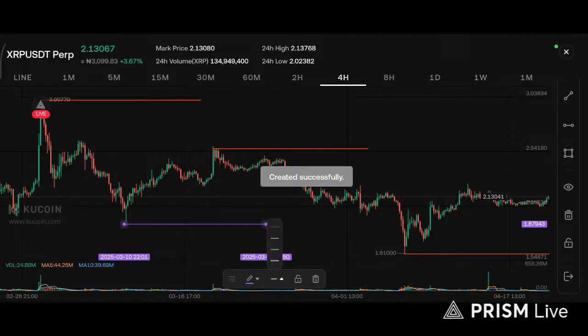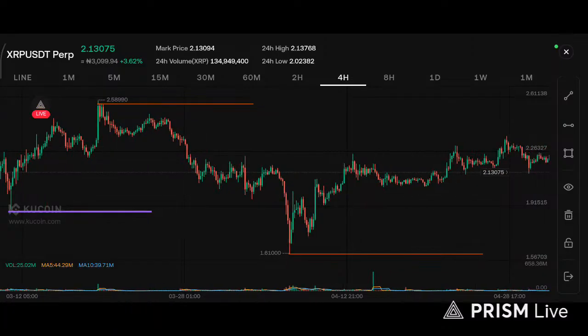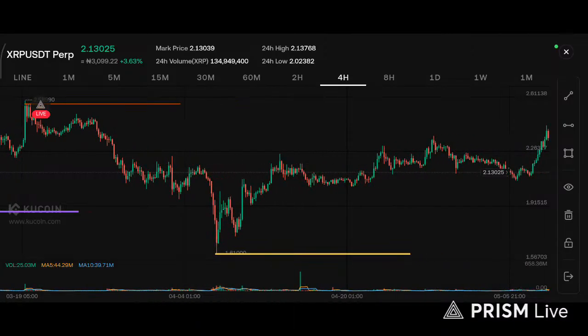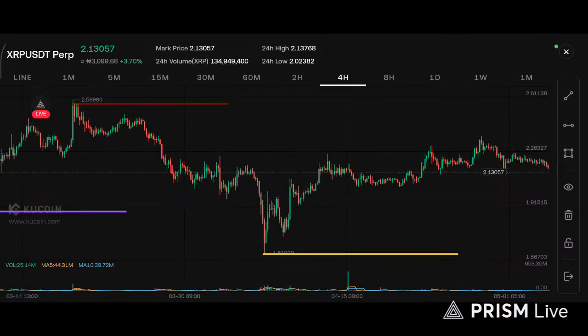The purple line is our previous lower low. Now guess what happened? This other low here, this yellow rectangle, gives us another lower low, which sweeps the previous lower low.